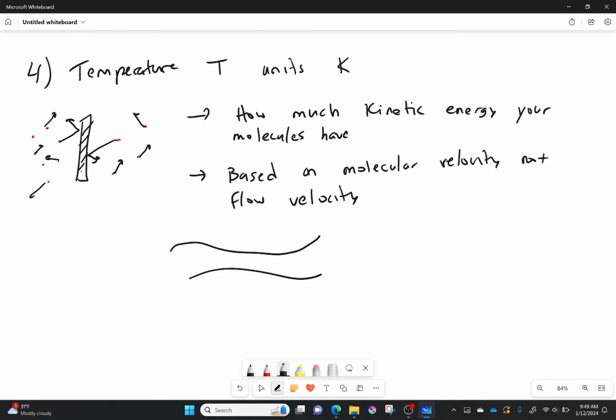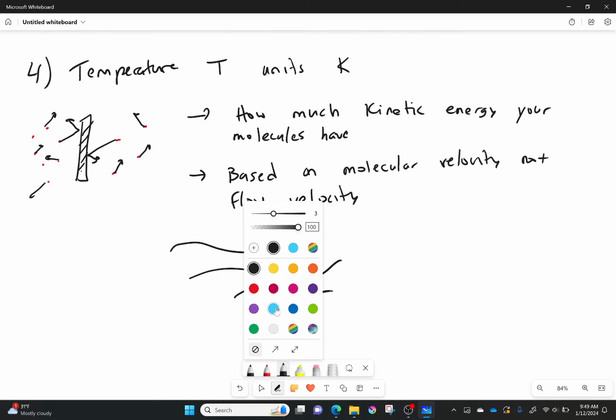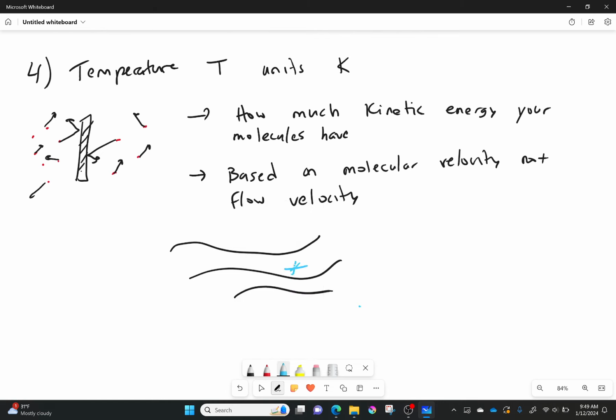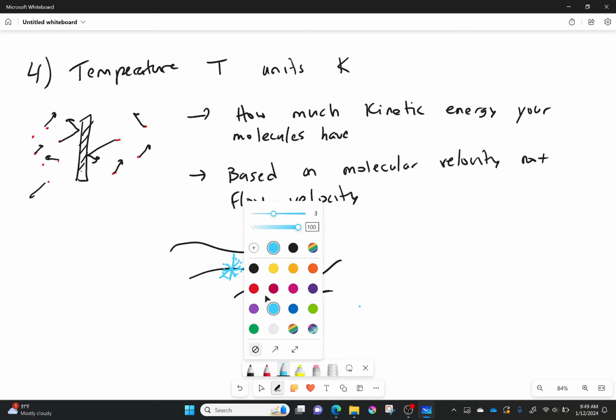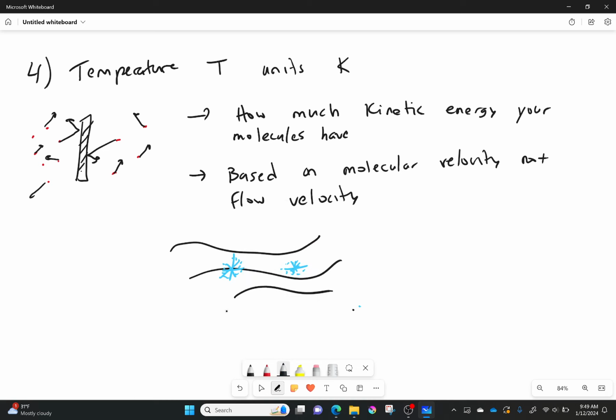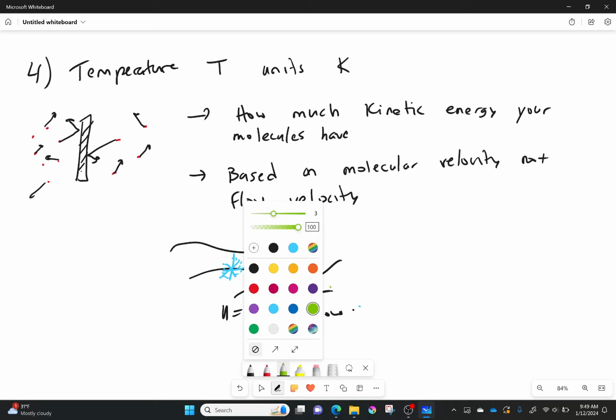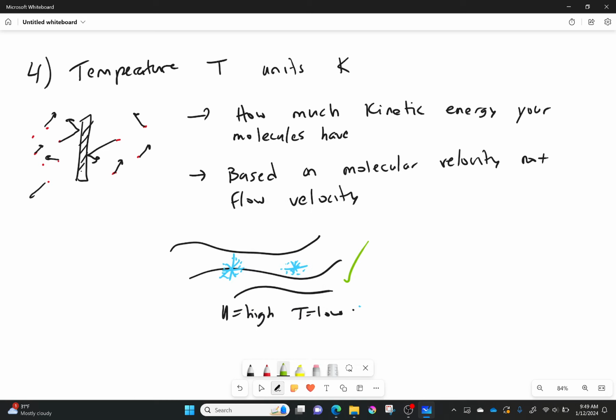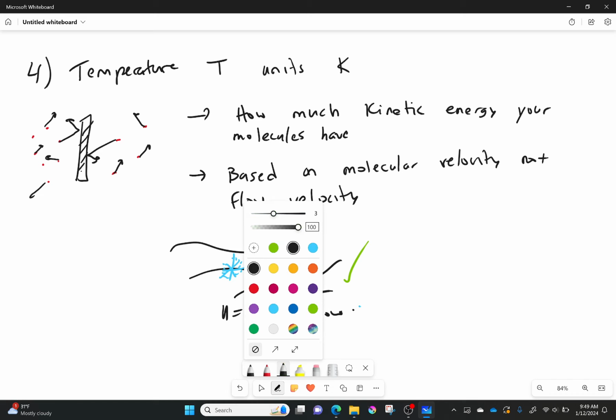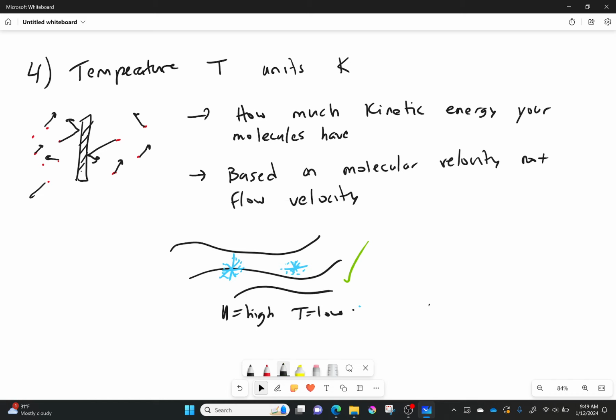So if I make this blue, and inside of here I have little snowflakes, that is completely fine. That checks out. I'm liking the colors. I need to use more colors as I go through here. It just takes time, everybody.